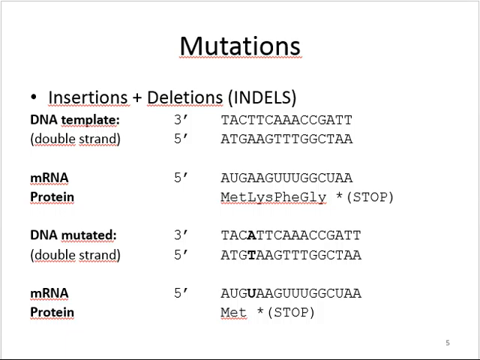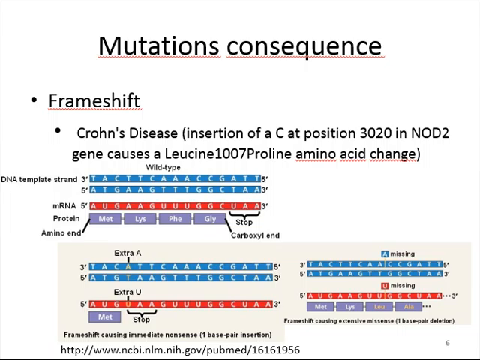But the worst consequences are also caused by insertions, like Crohn's disease, which is caused by a frame shift that is an insertion of a C at a position of 3020 in the gene that codes for nucleotide binding oligomerization domain containing 2.